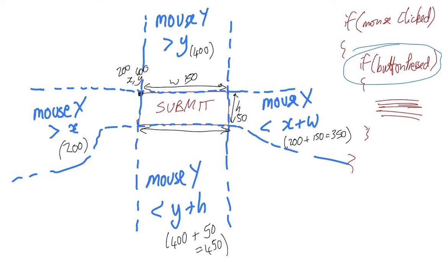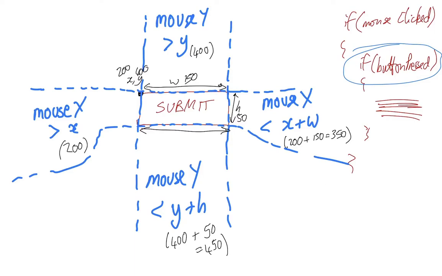I now have 4 conditions that need to be met, and if those 4 conditions are met, then I've definitely pressed on the button. Remember that for my if statement I need to have an and, to make sure that all of them are true.